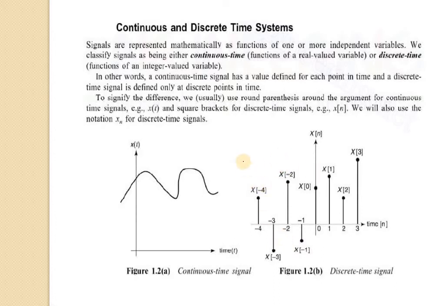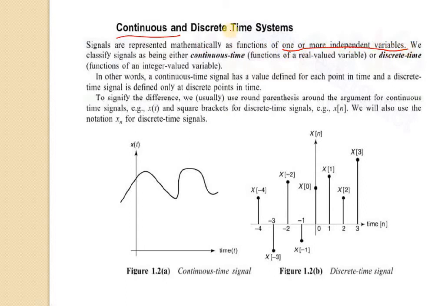The word continuous comes from continuation. That means it will represent something which is continuous. That means there is no gap between time and output. So basically signals are mathematically represented as functions of one or more independent variables.